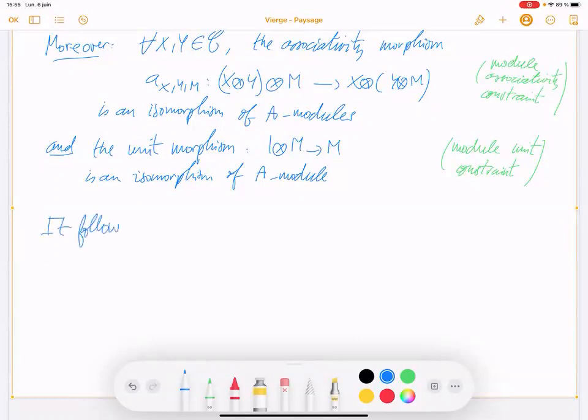It follows that, so we need to check really the details, the axioms of C module category. We get that mod CA is a C module category.